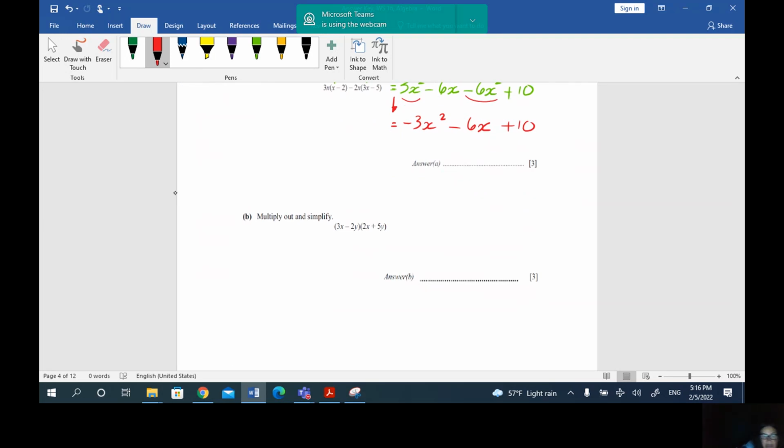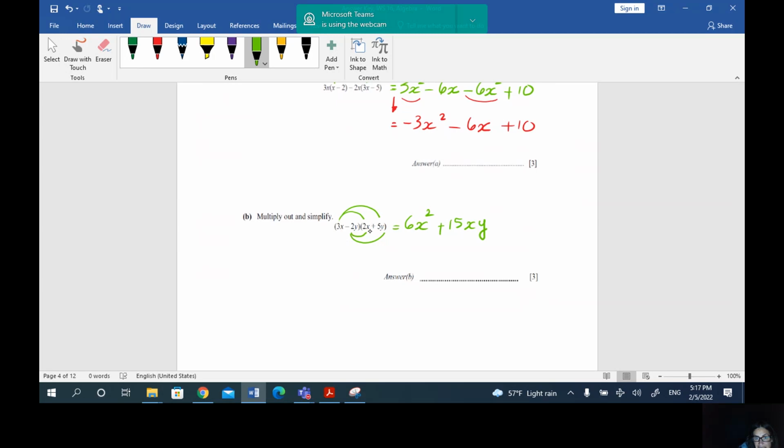Multiply and simplify. So, two brackets multiply by each other. We will take the first term in the first bracket and multiply it by each term in the second bracket. We will take the second term in the first bracket and multiply it by each term in the second bracket, which is as following. 3x times 2x, 6x squared. 3x times positive 5y, it will be plus 15xy.